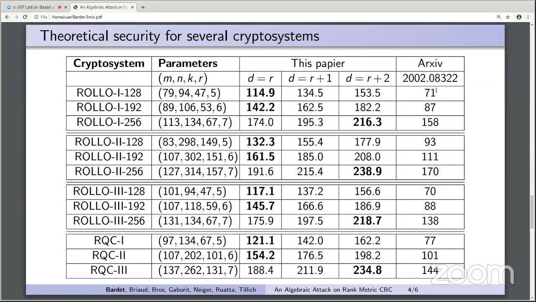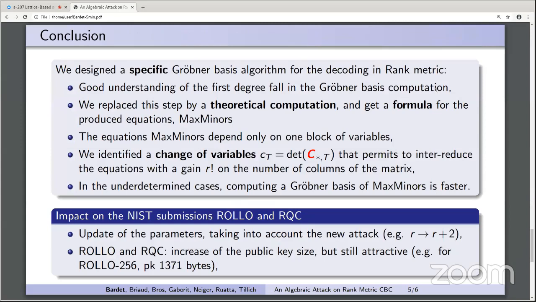And so to conclude, we had a much more precise analysis of the complexity of this attack, and now we are able to propose new parameters, taking into account the new complexity.